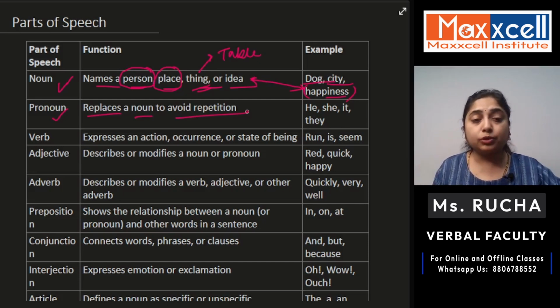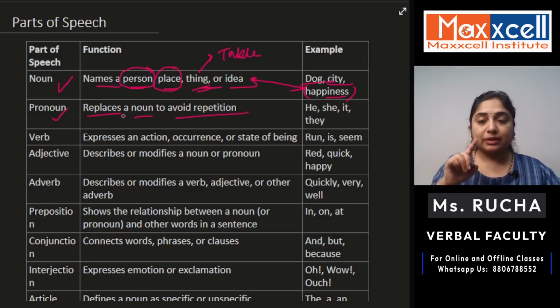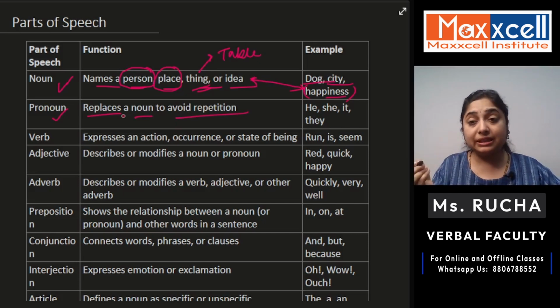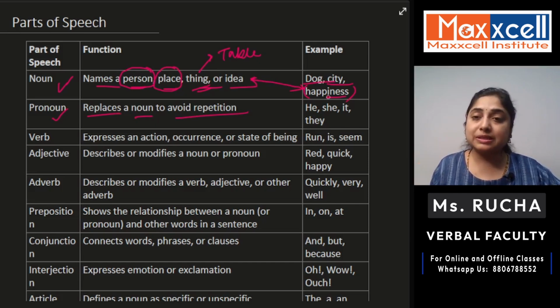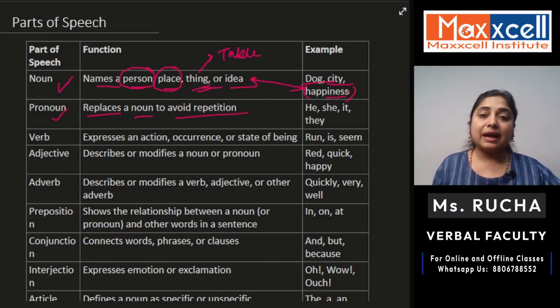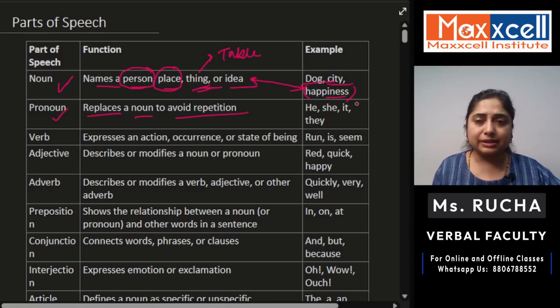So to break that monotony, we have pronouns. Instead of Rohan, what will I say? He, right? Rohan likes to play football, he loves to sing classical songs, and he is not very good at studies. So this word he has replaced the actual name of that person and also broken the monotony, right?